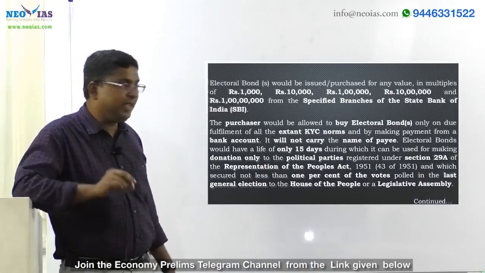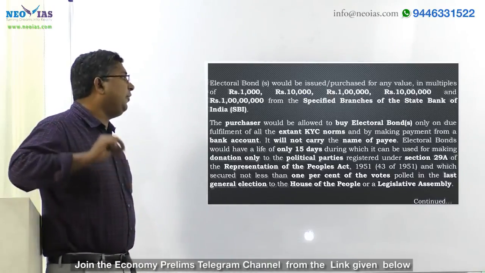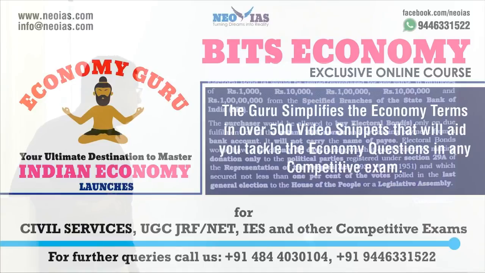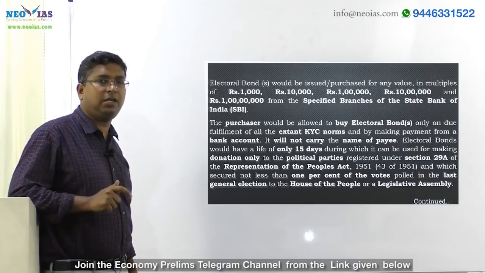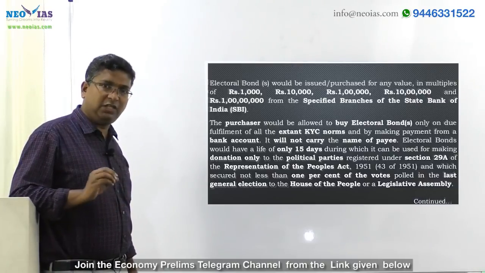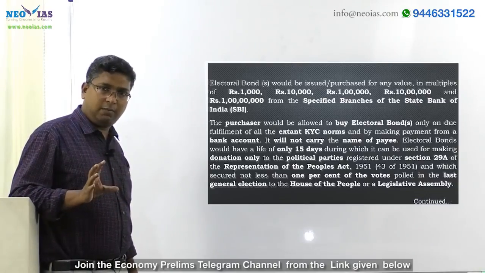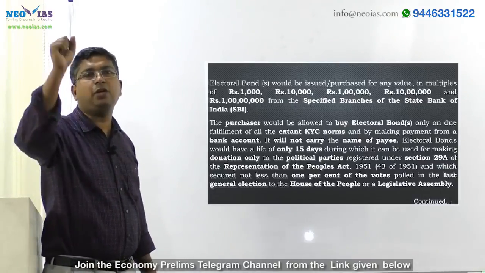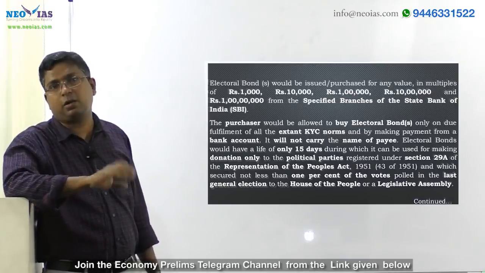The payee's name is hidden. It will have a validity of 15 days. Within these 15 days after purchasing the electoral bond, it should be given to the political party's bank account.